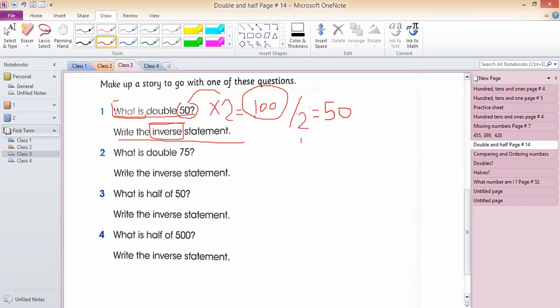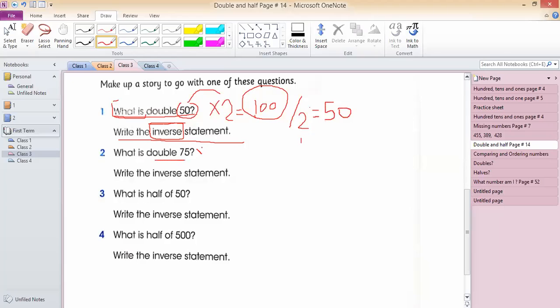So the double of 50 is 100, and half of 100 is 50. So 100 is the double of 50, and 50 is the half of 100. Same here, question number 2, what is the double of 75?